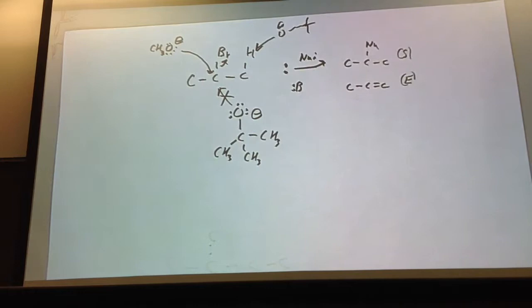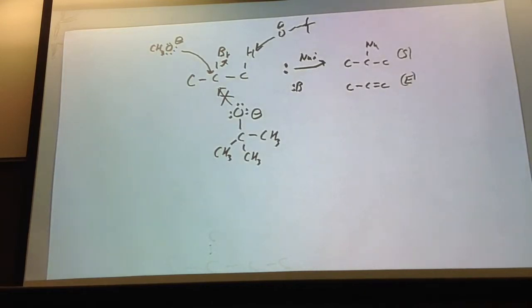The size of the substance that has a lone pair matters. Let's call this one the t-butoxide ion, and the top one is the methoxide ion. Both of those have a negative charge on oxygen. They both have the potential to be a nucleophile or a base, but the bigger and bulkier the material is, the harder it is for it to be a nucleophile.